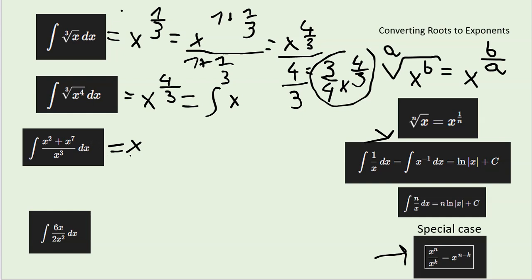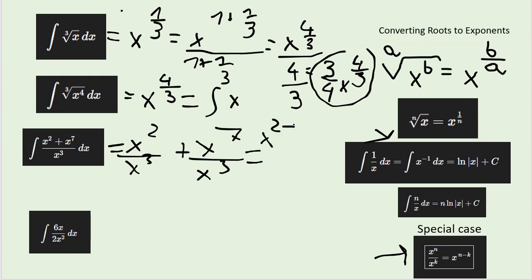It can be split into two fractions. So x to the power of 2 divided by x to the power of 3, plus x to the 7th with the same denominator. So it will equal x to the 2 minus 3.